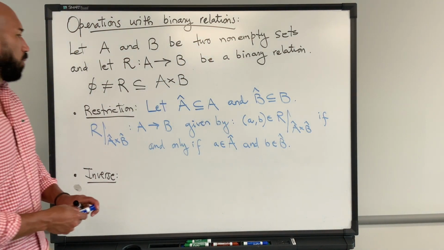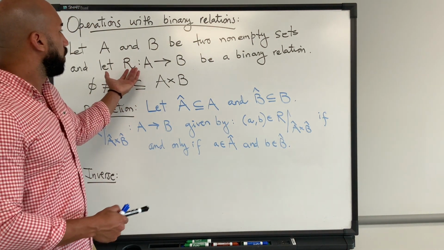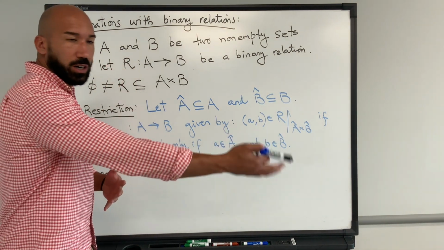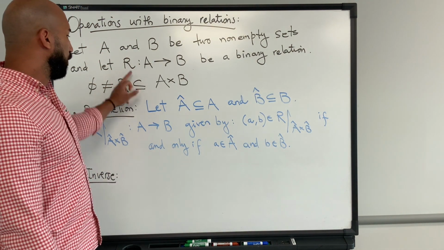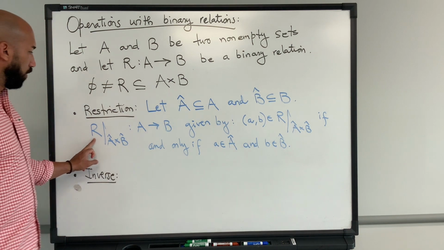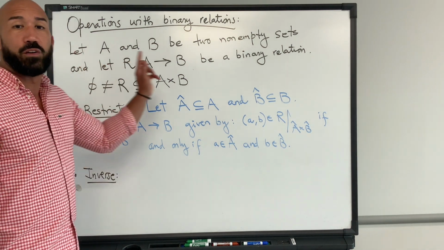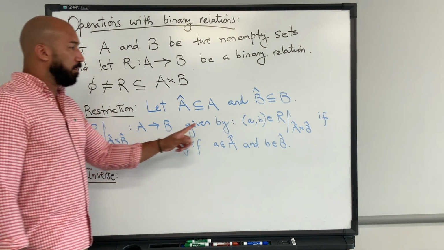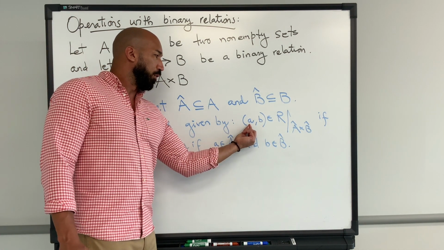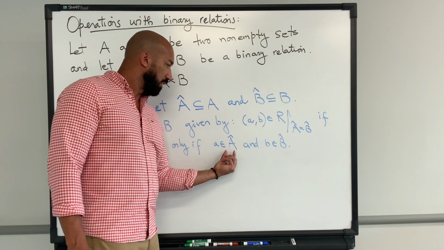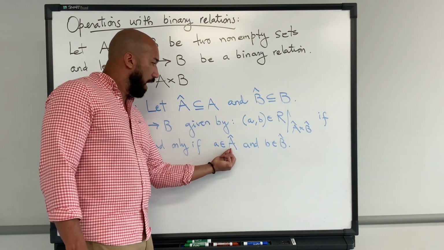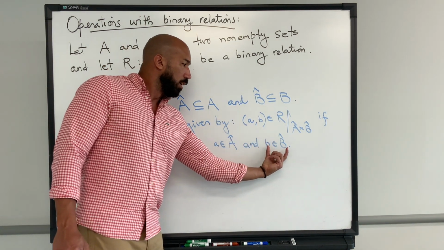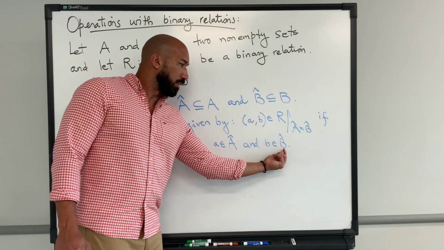That means, let's suppose that we have this relation described by extension. So what we are going to do if we want to compute this restriction here, we are going to go over all pairs in the relation and we are going to verify whether the first component of that pair is in the subset A hat and also the second component of the pair is in B hat.